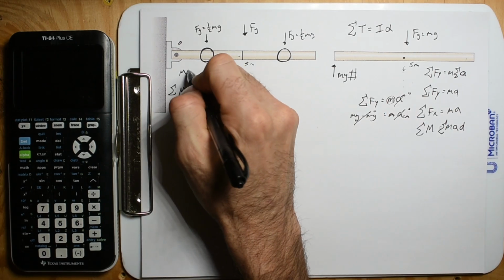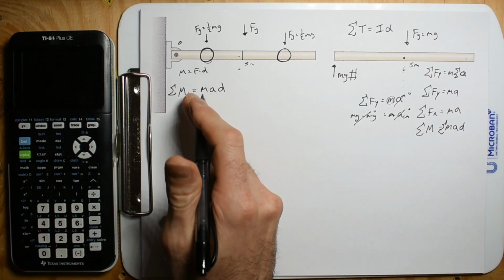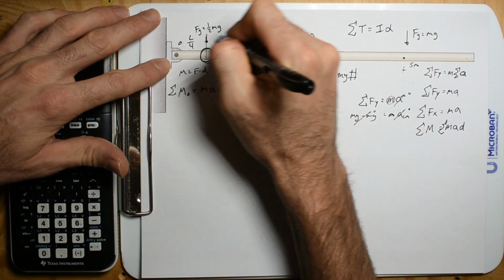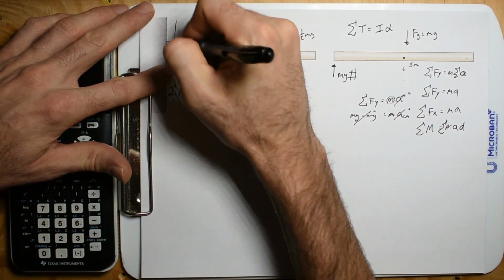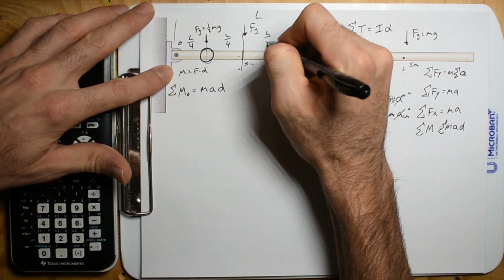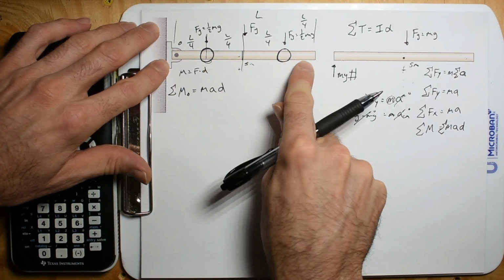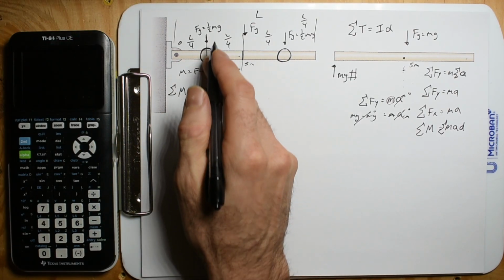So moment is force times distance. For this, let's see how we broke this up. We have L divided by 4. We're going to say this whole bar is a distance L, so we have all these L divided by 4s between these separations. All right, so moment is going to be the force.